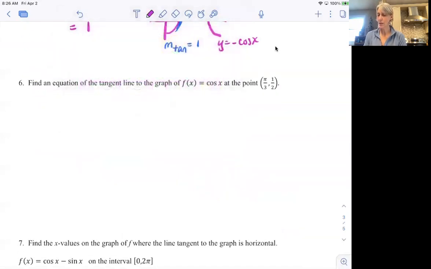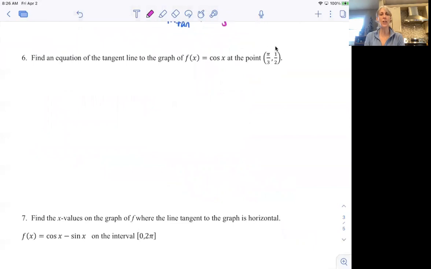Something else we did in our previous unit, find an equation of the tangent line to the graph of f of x equals cosine x at the point pi over 3, 1/2. Whenever we want to write an equation of a tangent line, we need the point, we need the slope, and we need to pop it into our point slope formula.